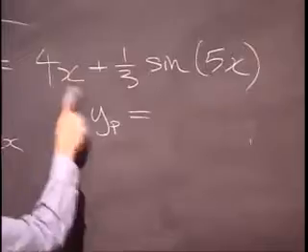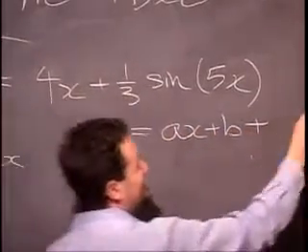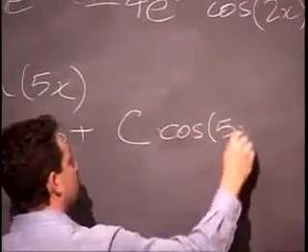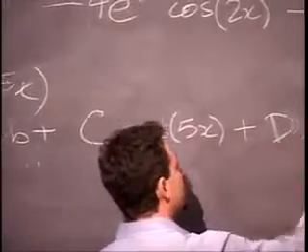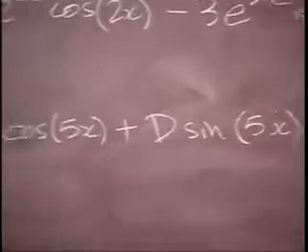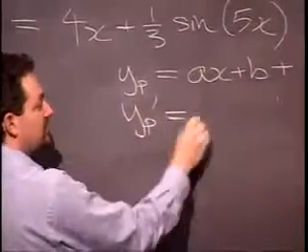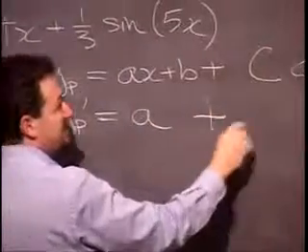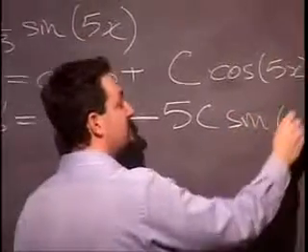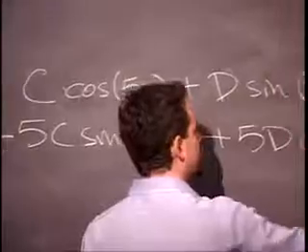It's just a linear function, ax plus b, plus, say, c cosine 5x, plus d sine 5x. And because it's only a first-order differential equation, I only need one derivative. Hallelujah. yp prime is a plus, or actually minus 5c sine 5x, plus 5d cosine 5x.